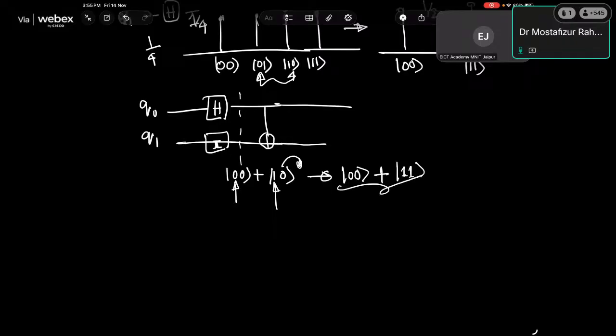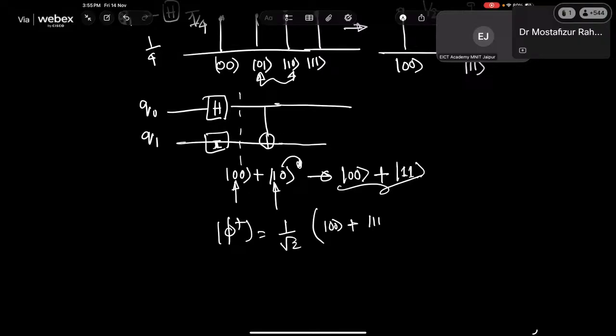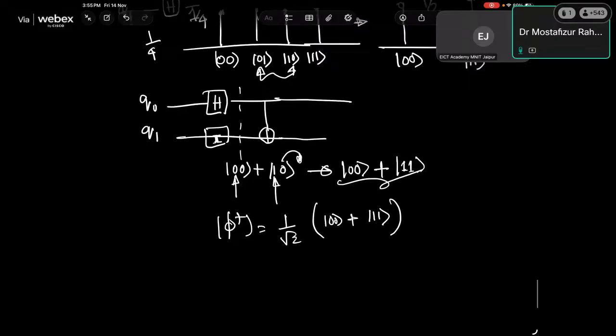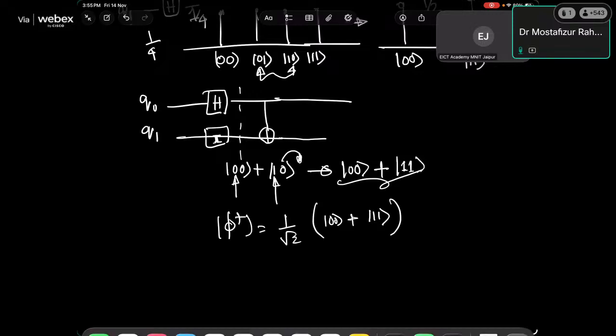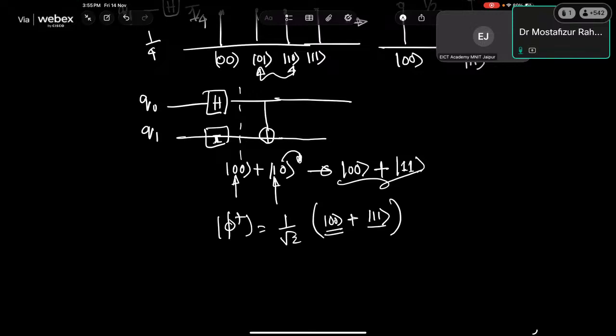So now if you measure on this particular quantum state psi, 1 by square root 2 times 00 plus 11, there is no possibility of the other two states, unless there are hardware inaccuracies and other things. But in general, theoretically, there are only two possibilities: 00 and 11. So if you do the mathematical projections, you get only these two basis states with equal probability 0.5 theoretically, right?